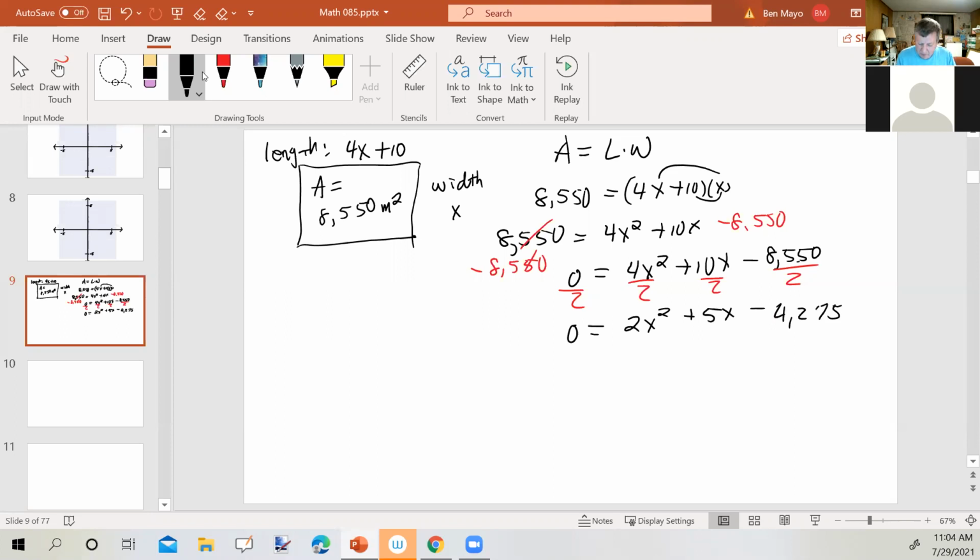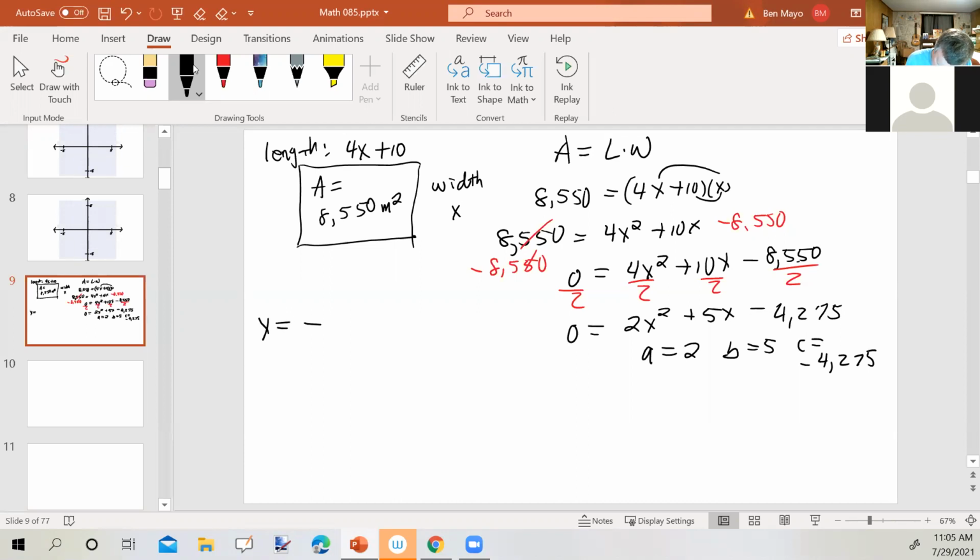Okay, so that means that a is 2, b is 5, and c is negative 4275. Let's write that a little nicer. c is negative 4275.